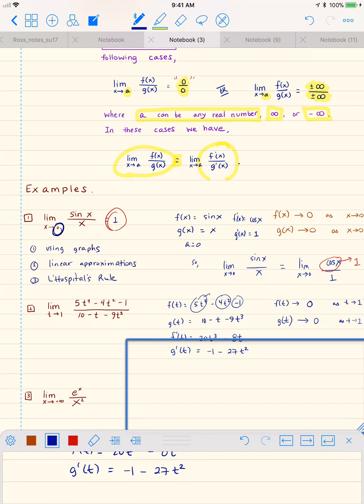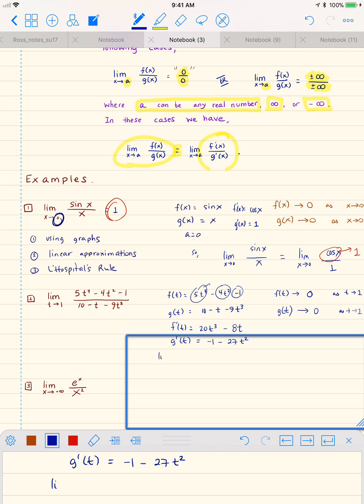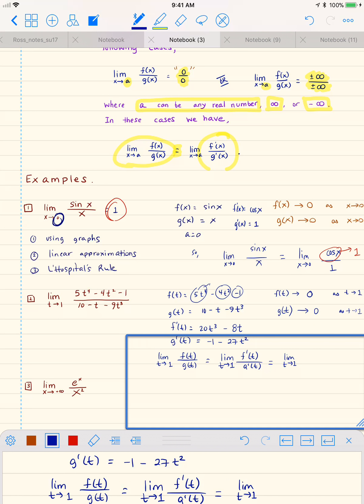Okay, so the limit as t approaches 1 of f of t over g of t is equal to the limit as t approaches 1 of f prime of t over g prime of t, which is going to be equal to the limit as t approaches 1 of 20t cubed minus 8t over negative 1 minus 27t squared.